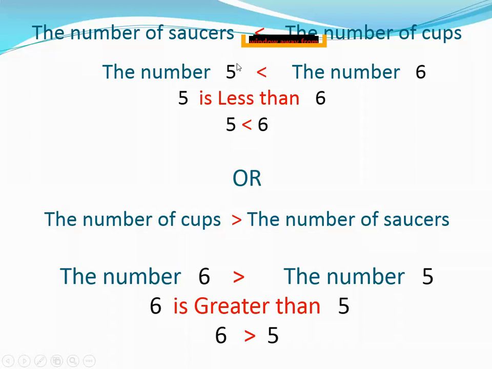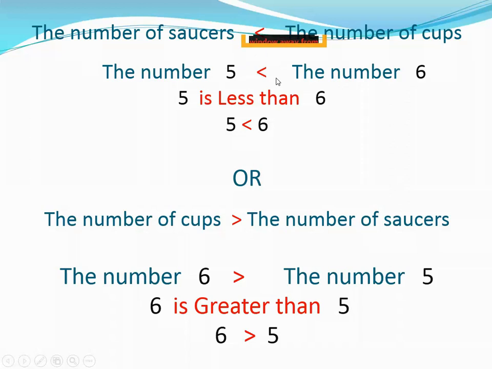It is less than, meaning this is smaller than six. So we put here the sign less than. We can also see it looks like a crocodile mouth. The closed area we put toward the number that is less, and the open area toward the number that is greater.